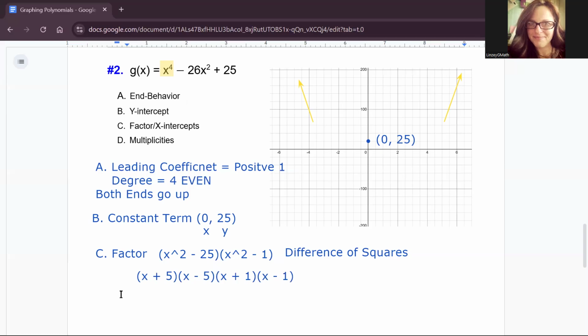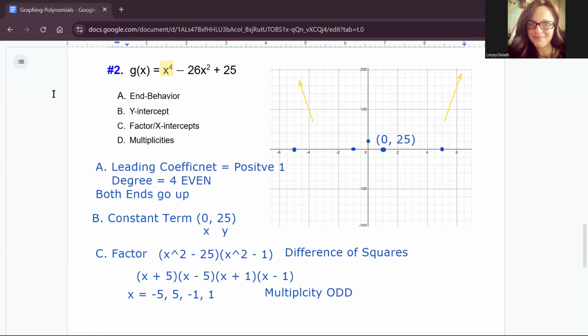We'll set each factor equal to 0 and solve. And we get -1, +1, -5, and +5. And we know at each one of these factors, each one of these has a multiplicity of 1, which is odd.